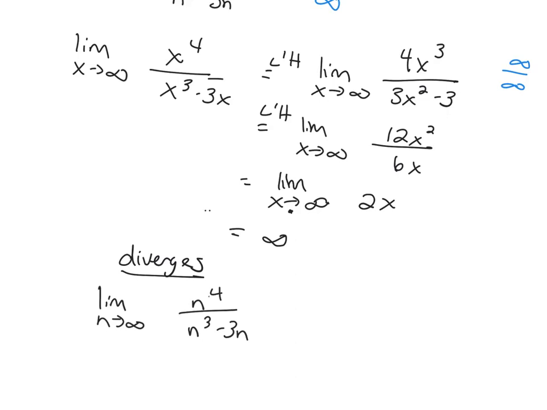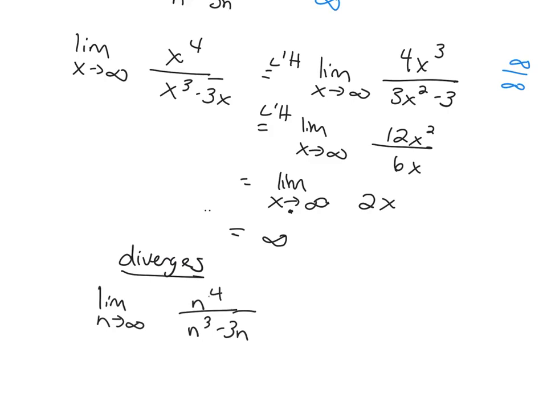Remember that this is essentially like a rational function. I have a polynomial of n divided by a polynomial of n. So we compared degrees previously. What was the degree of the numerator? 4. The degree of the denominator? 3. And then remember I took the larger of those values.